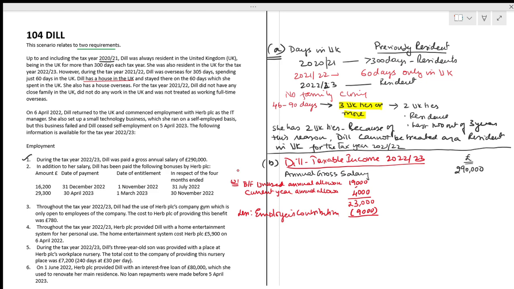This is the occupational pension contribution, which can be deducted. Okay, it is deducted. Fine, good. Next one.